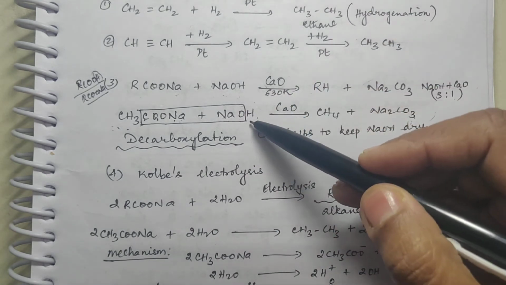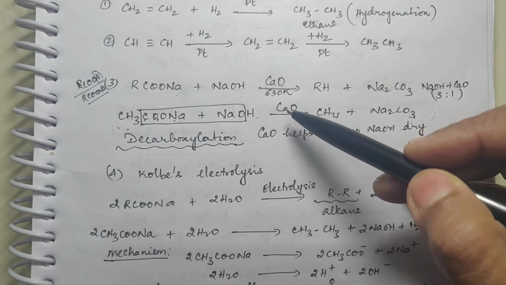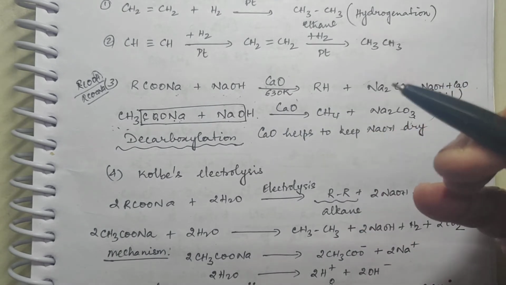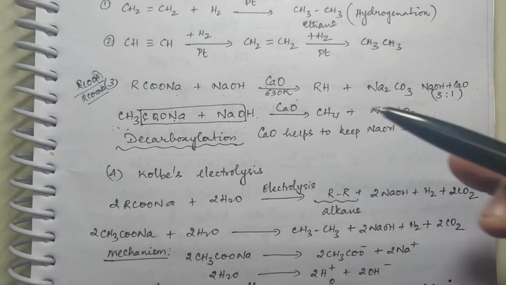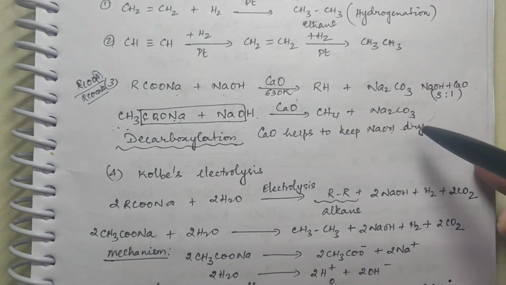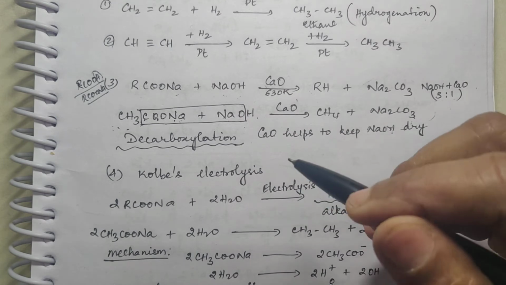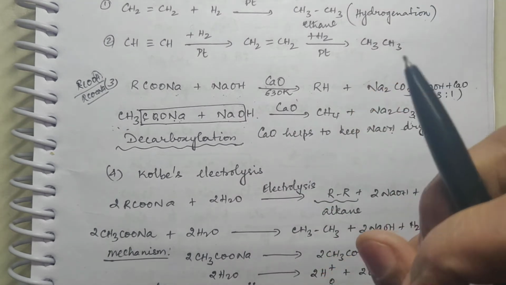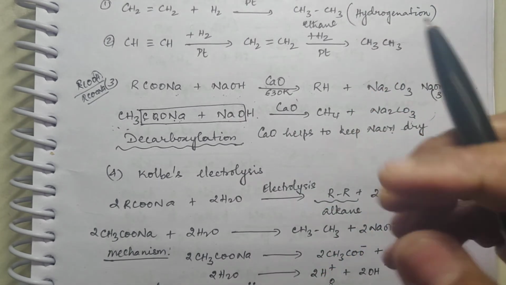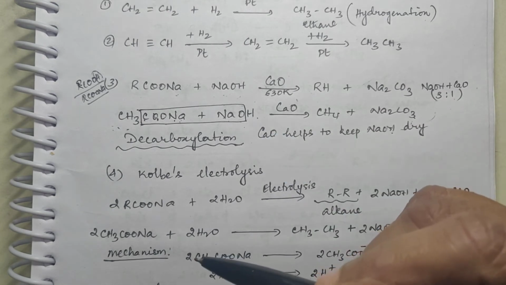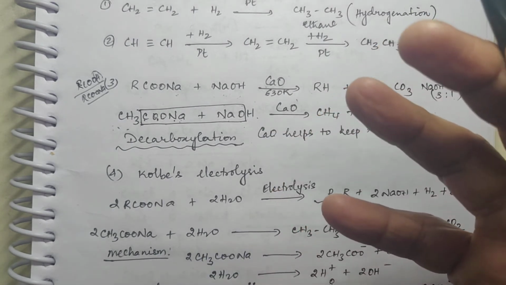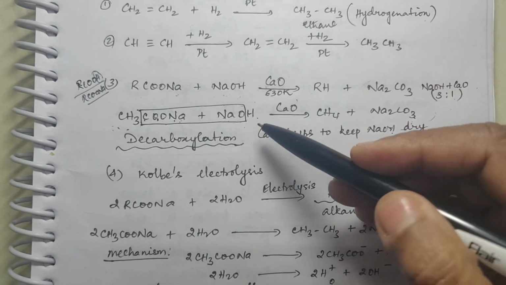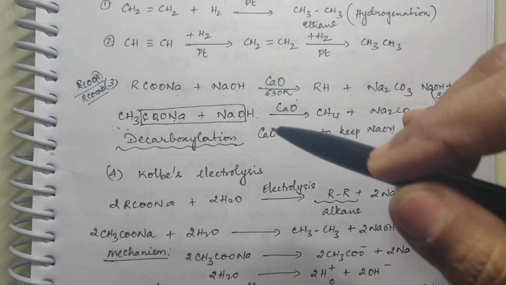Now you may ask, only NaOH is used in the process. Why is CaO added? What is the role of CaO here? CaO keeps NaOH dry. NaOH, you know, has a very high capacity to absorb moisture. This sodium hydroxide is highly deliquescent. Anything which has the capacity to absorb moisture is called a deliquescent substance.